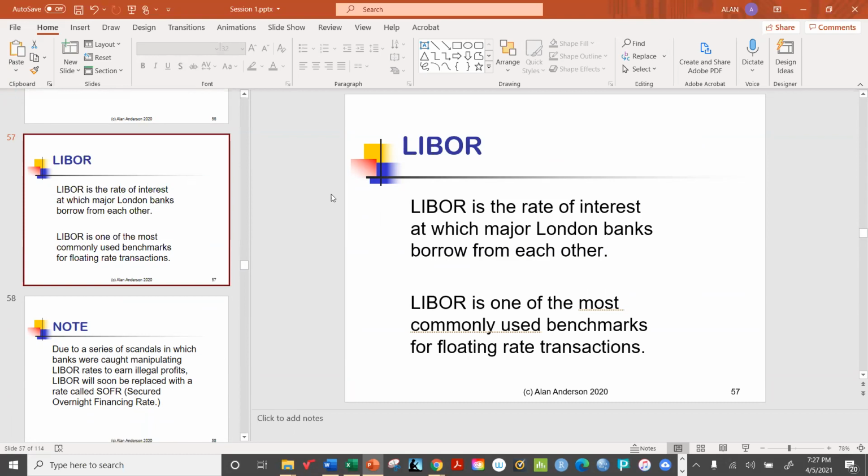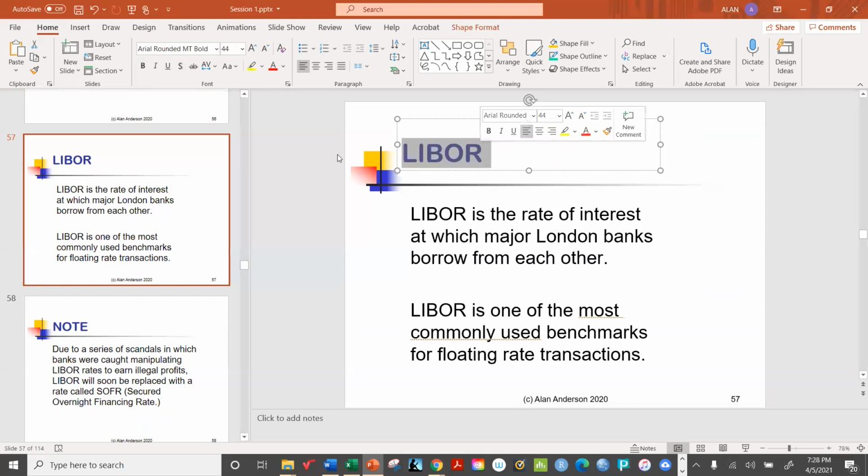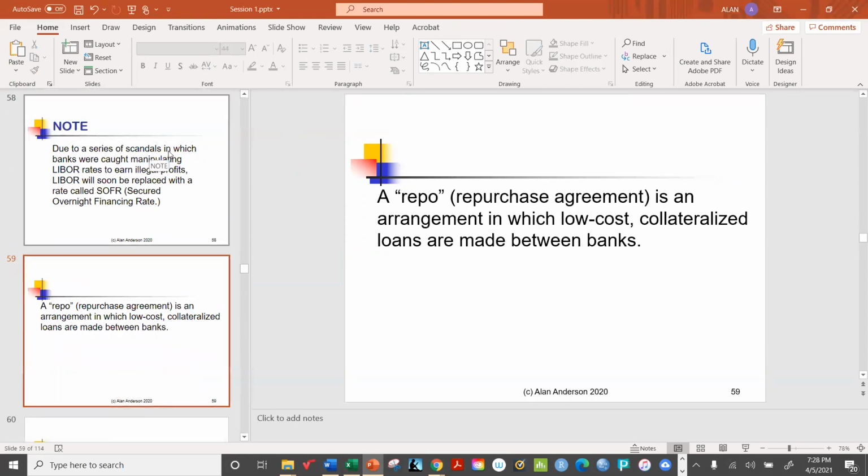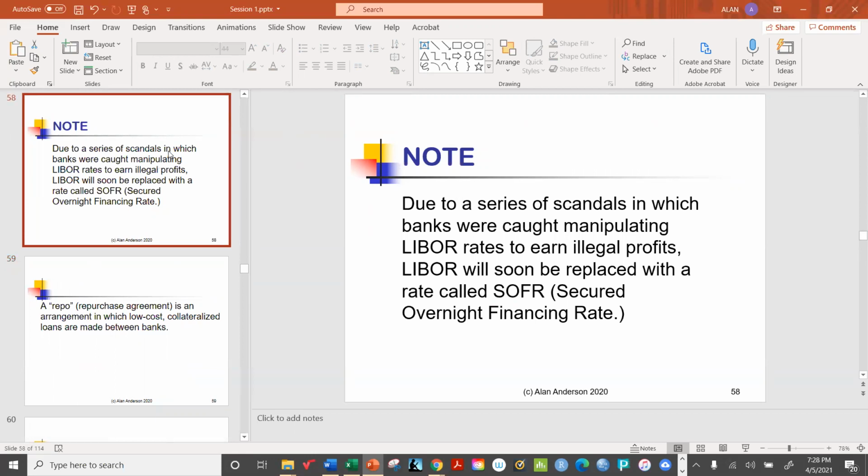And for many decades, LIBOR was the rate of interest that was used for virtually all floating rate securities. But unfortunately, there was a series of scandals in which British banks, Barclays in particular, were caught manipulating LIBOR rates to earn illegal profits.